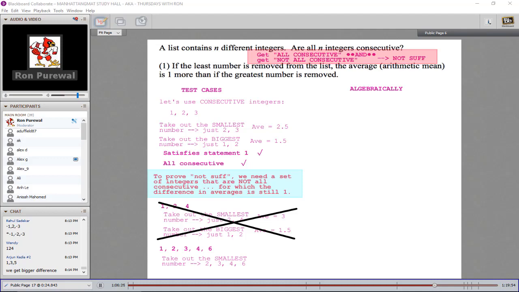So that's 3 3/4. If you take out the biggest number, then that's 1, 2, 3, 4. And the average is 2.5. Still bigger than 1. So it doesn't satisfy the statement.